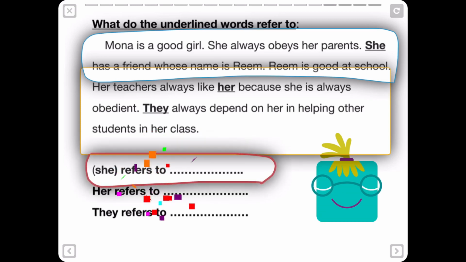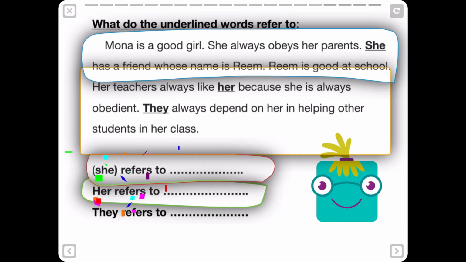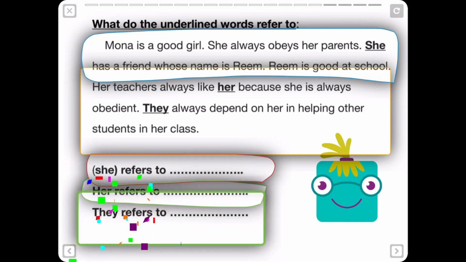So, could you read the passage again and find out what she refers to, what her refers to, and also the pronoun they refers to what?